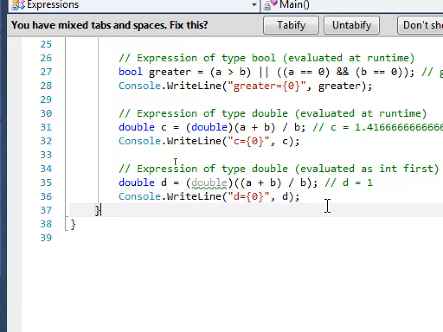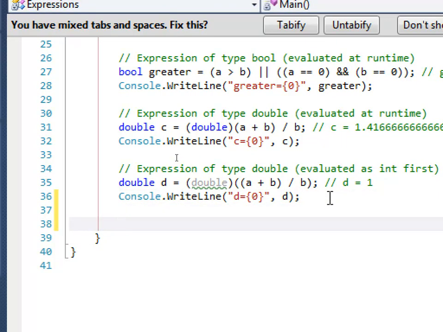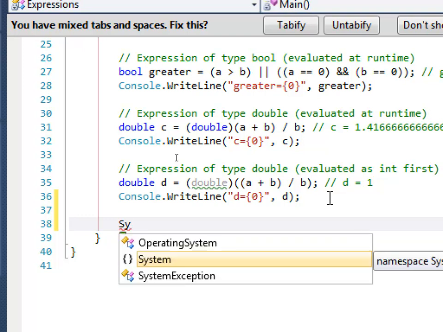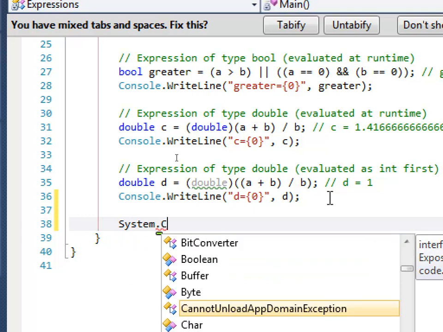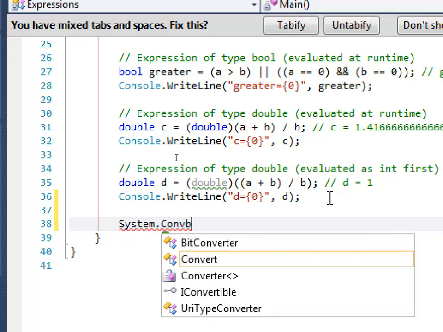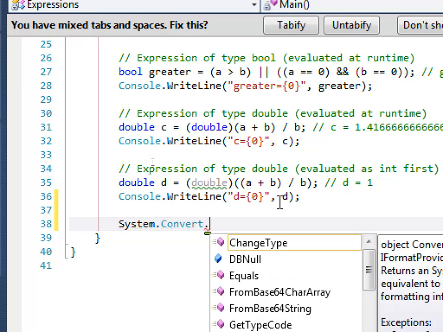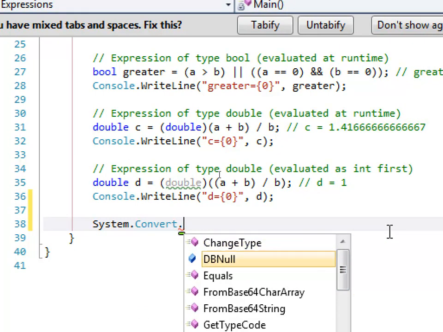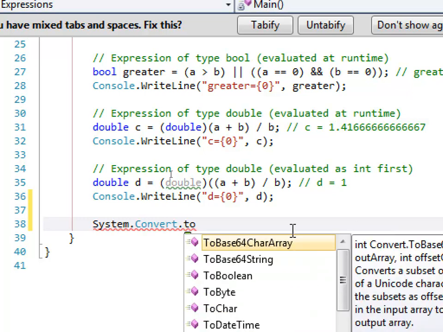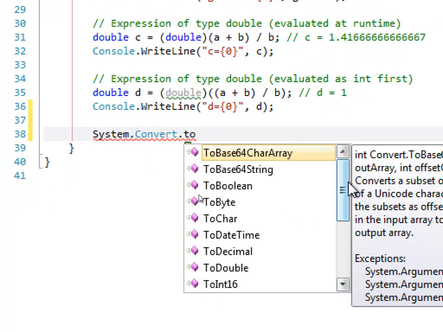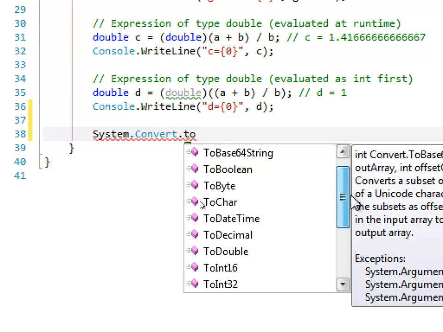One more thing to know about type conversions. There is a system function under the System namespace, a class called Convert. Here there are many functions that you can call in order to change the variable's value from one type to another.